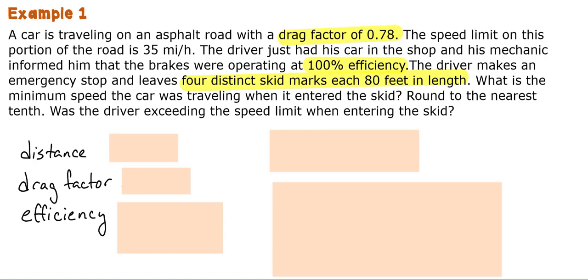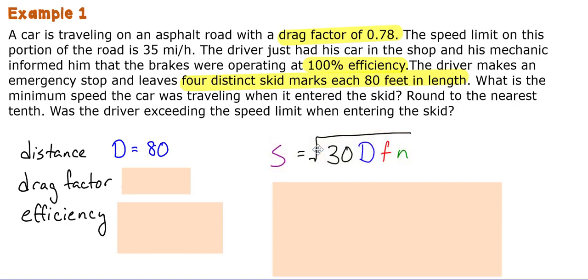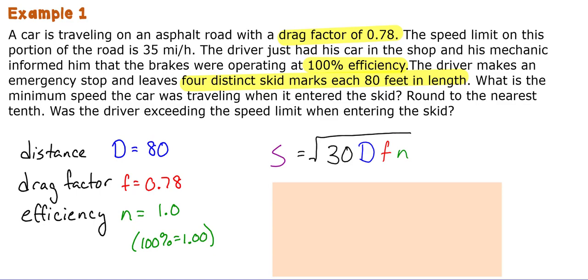So first thing, get our information. Distance, so that means D is 80. And just a reminder, we're using this formula, S equals the square root of 30 times D, F, N. Drag factor, that's our F factor, is going to be 0.78. And our efficiency, because it's 100%, it's going to be 1, because 100% is equal to 1 in decimal form.